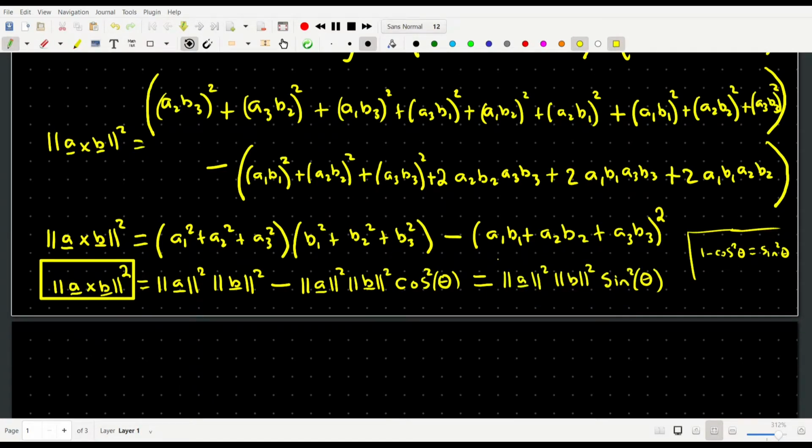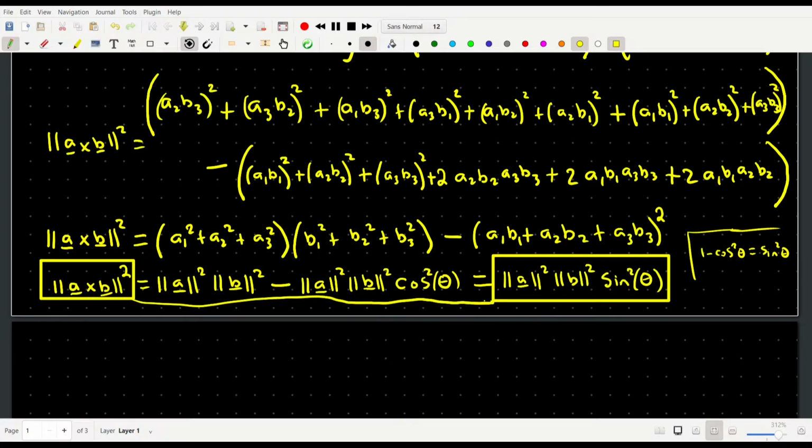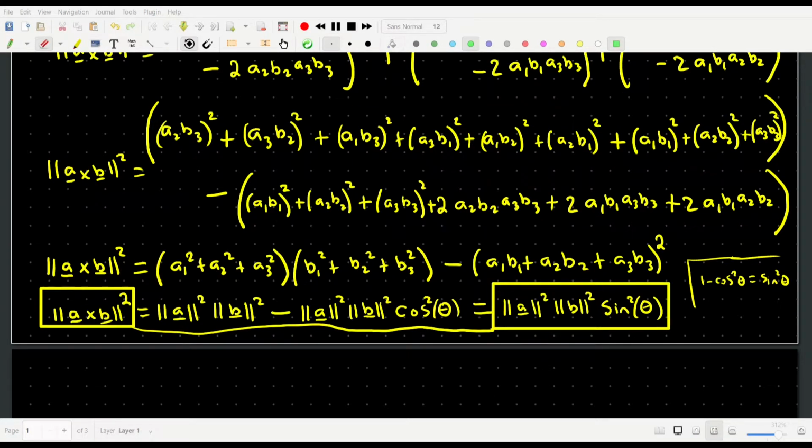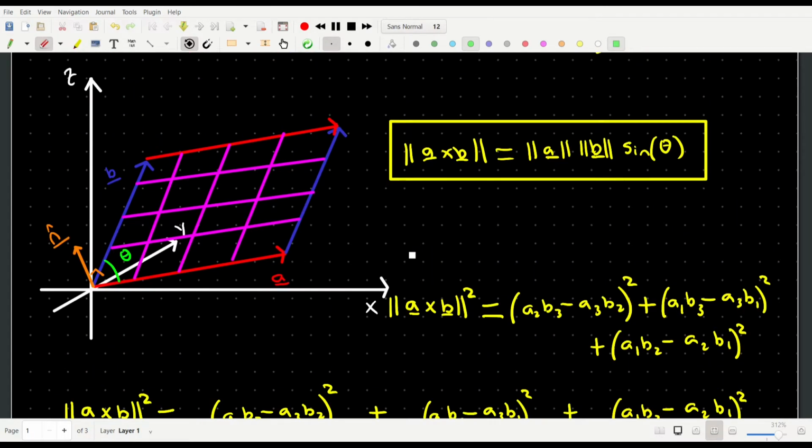Which means that the magnitude of the cross product is always going to be equal to the length of A times the length of B times the square root of sine squared theta.